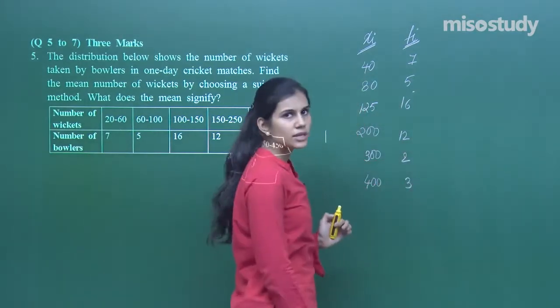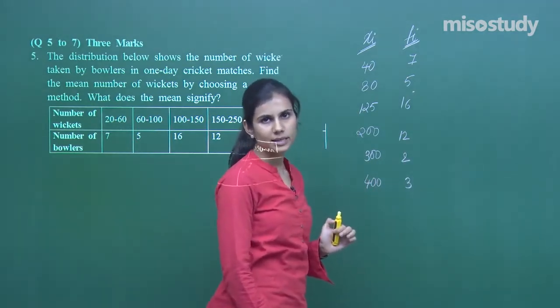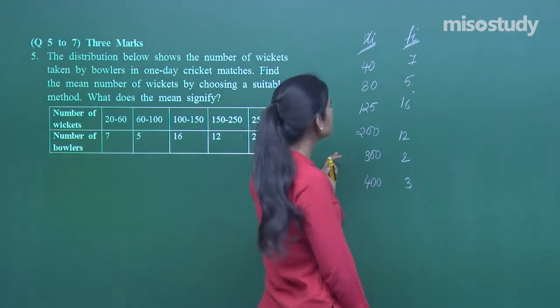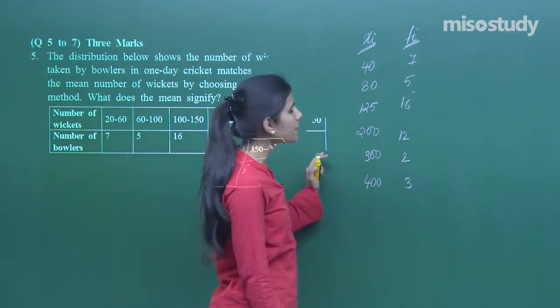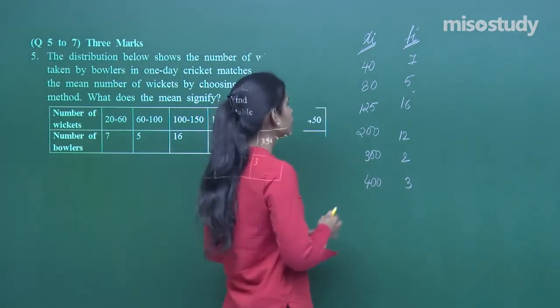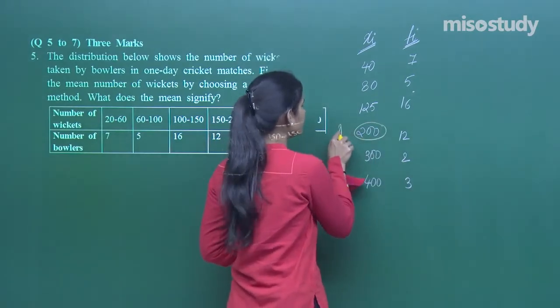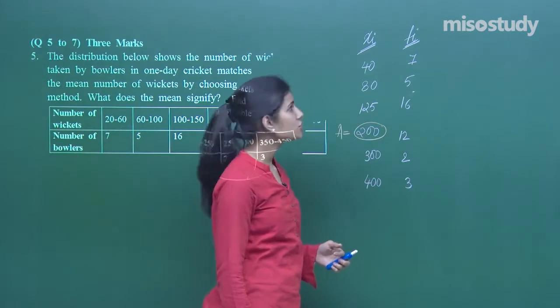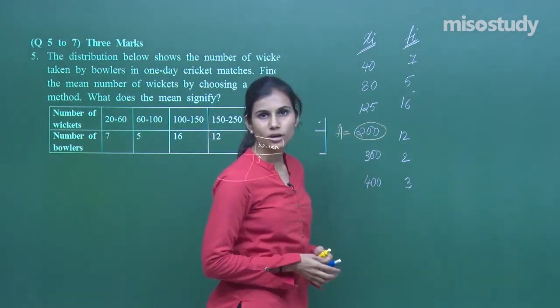Clearly you can see the values are large, so I cannot go by summation fi xi upon summation fi. So what I will be doing? First of all, I will be searching for some assumed mean. I take 200 as my assumed mean, a value of xi from which, if I evaluate deviations of any xi, it comes out to be small numbers.